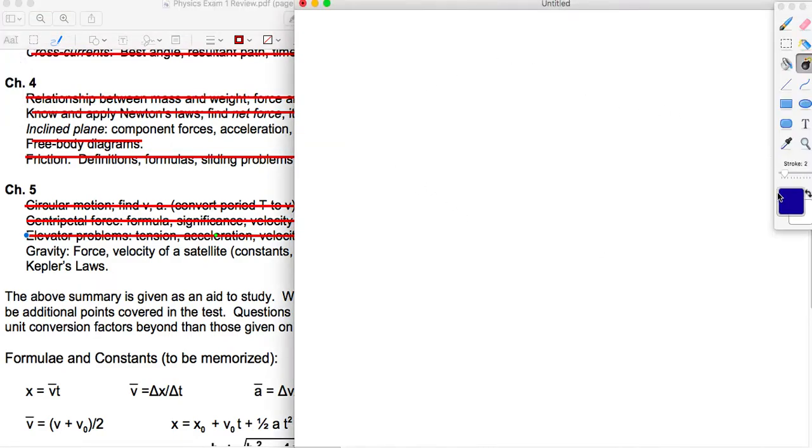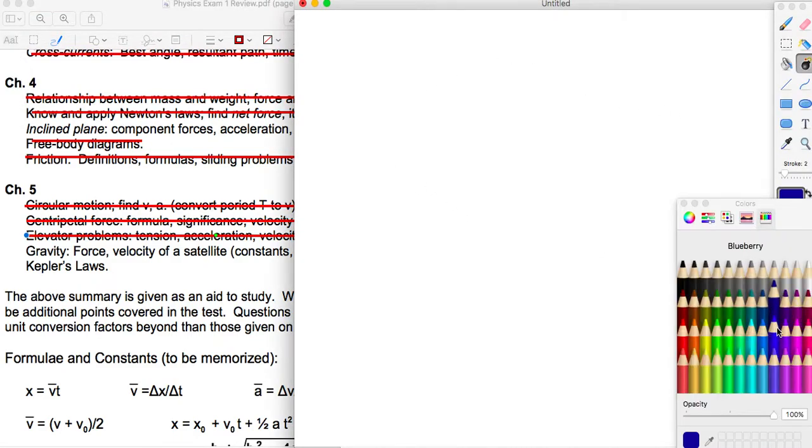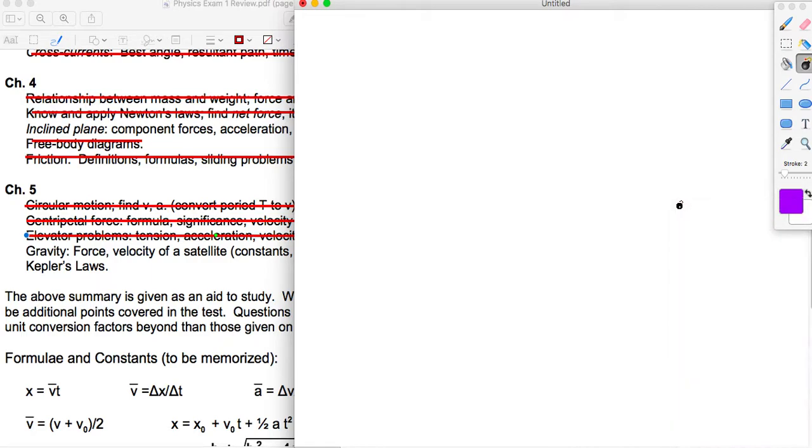All right, so for that one, all that we really care about is that the force of gravity, or any type of acceleration in general, is G, big M, little m, so mass 1, mass 2, over r squared.